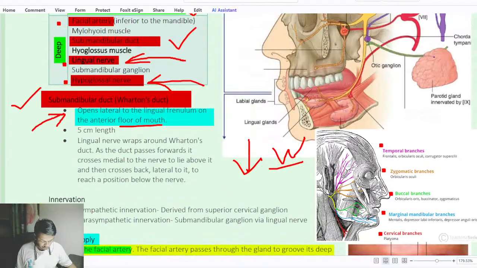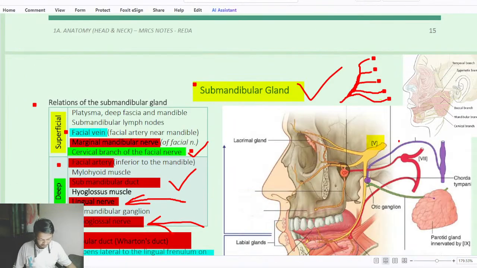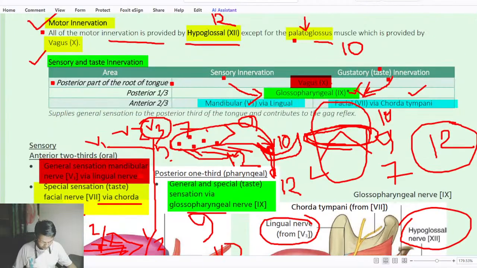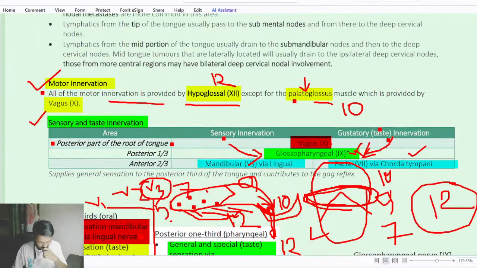What is the nerve supply of the tongue? Anterior two-thirds is the lingual nerve and chorda tympani, a branch of the facial nerve. Posterior one-third is glossopharyngeal, and the root is vagus. You showed 5, 7, 9, 10, 12, that's how I remember.